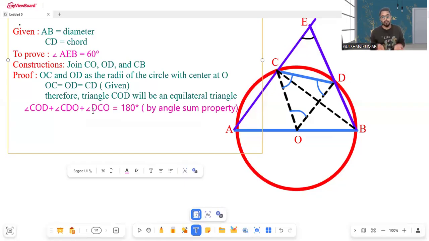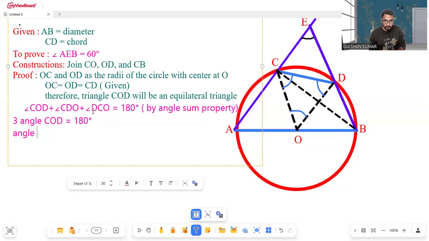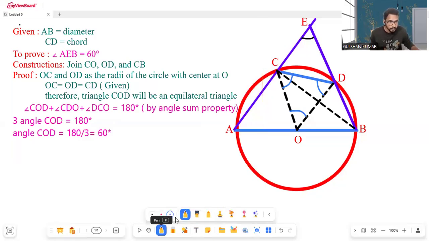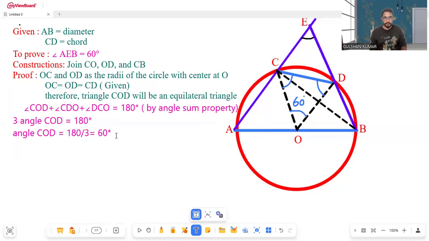All these three angles are equal because it is an equilateral triangle. So 3 times angle COD equals 180 degrees. Now angle COD equals 180 degrees divided by 3, that will be 60 degrees. So this one will be a 60-degree angle.